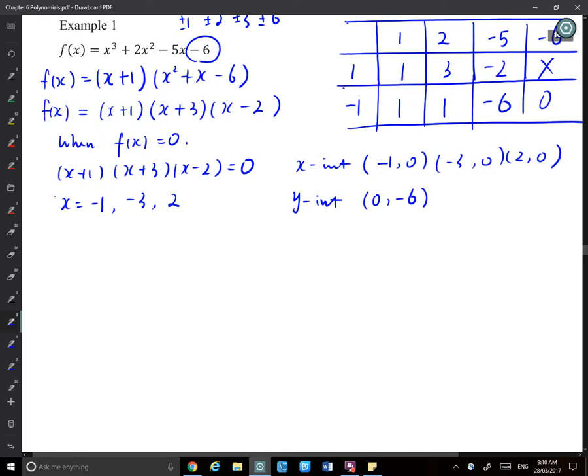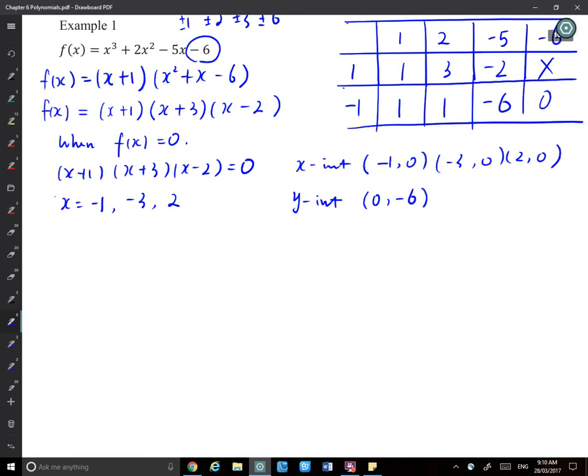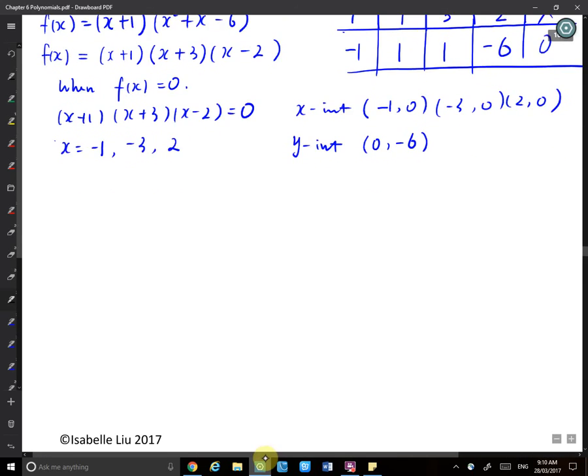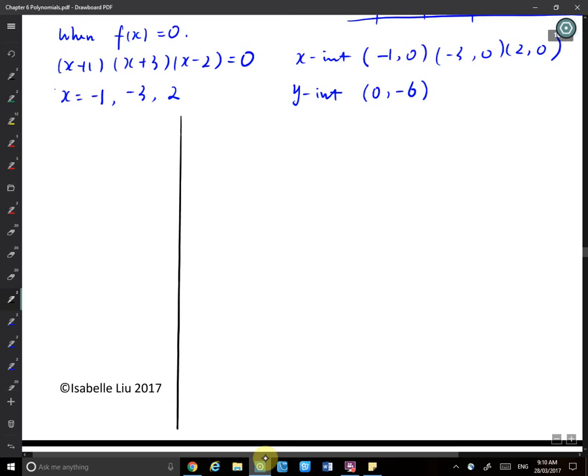Okay, let's label everything here. On the x, y axis, you have minus 1, minus 3, positive 2, and a negative 6.